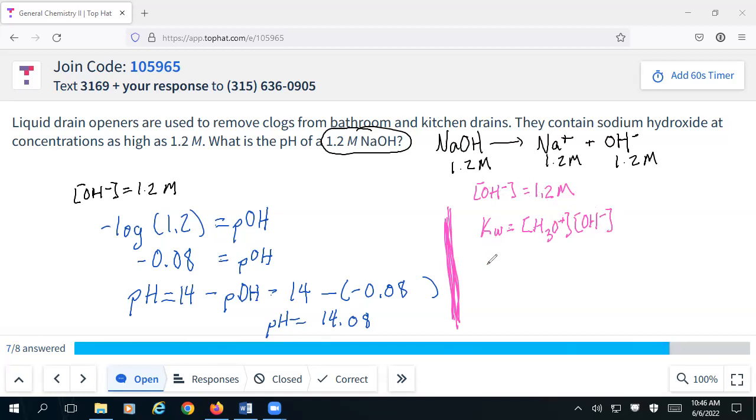We know Kw is 1 times 10 to the negative 14th. And again, this value here is exact. So think about an infinite number of point zeros after that 1. Times 1.2 molar.